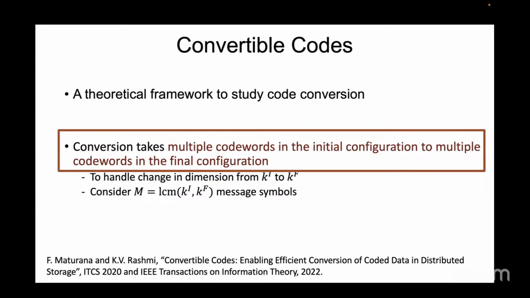And this need to take multiple code words to capture the essence of the problem is an interesting aspect of this problem space that makes it different from all other problems studied for coding for storage systems. Because in previous problems, one code word captures all there is for that problem.